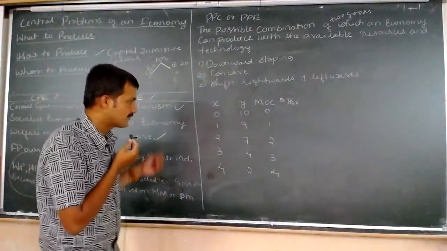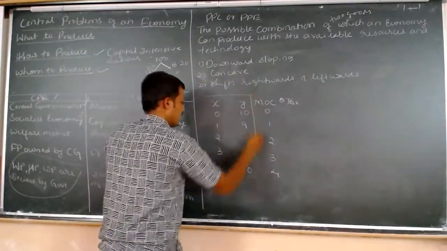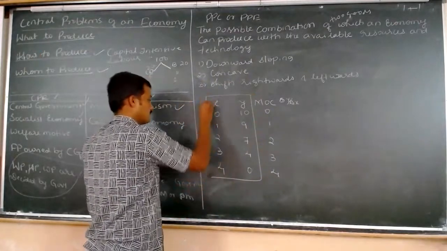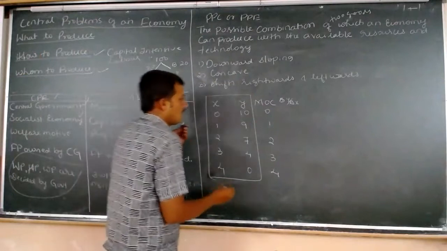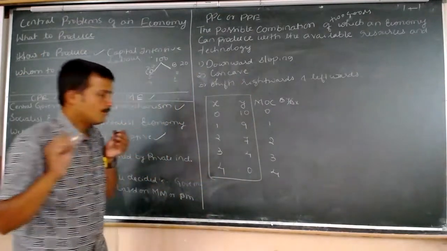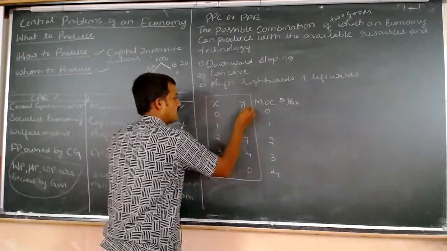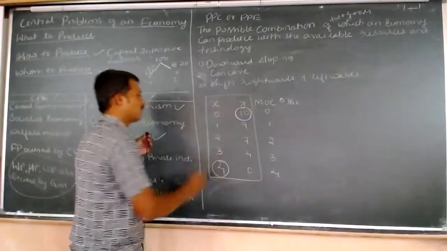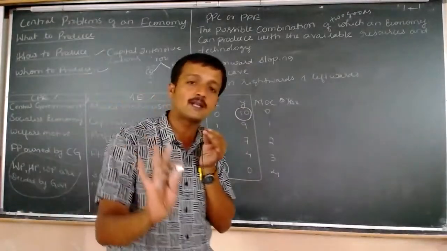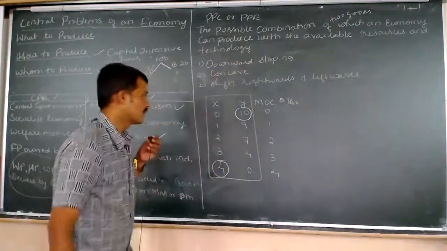Now let us start. Assume that we have two commodities x and y. By utilizing all the resources I can produce 10 units of y or 4 units of x. This is the maximum I can produce. Okay, next.